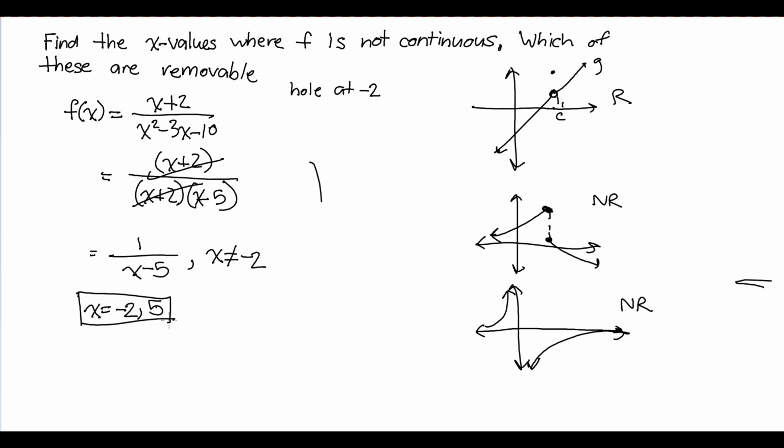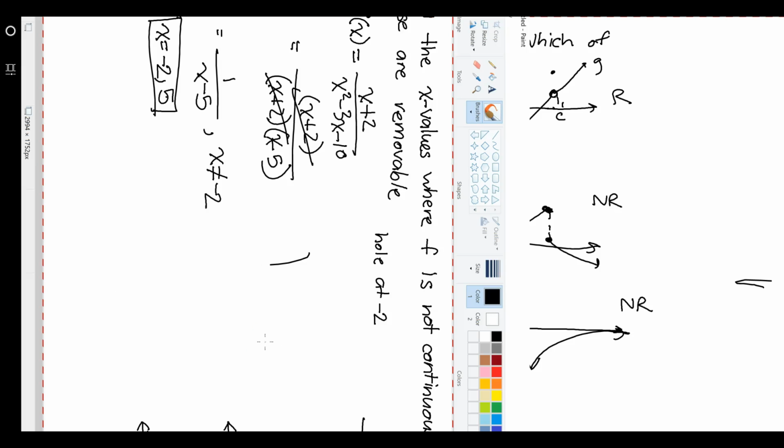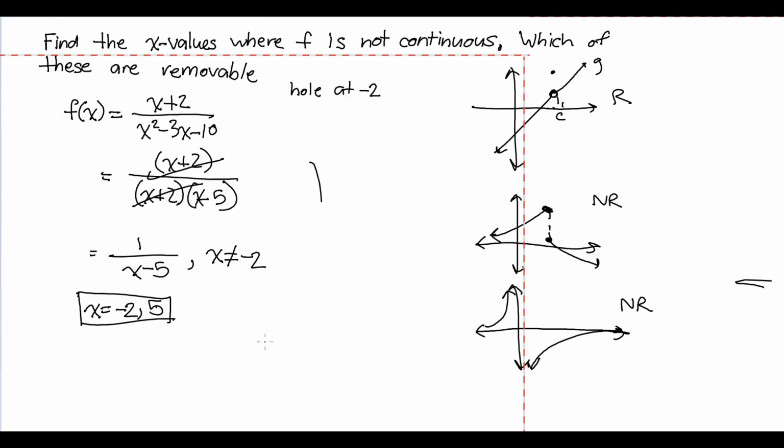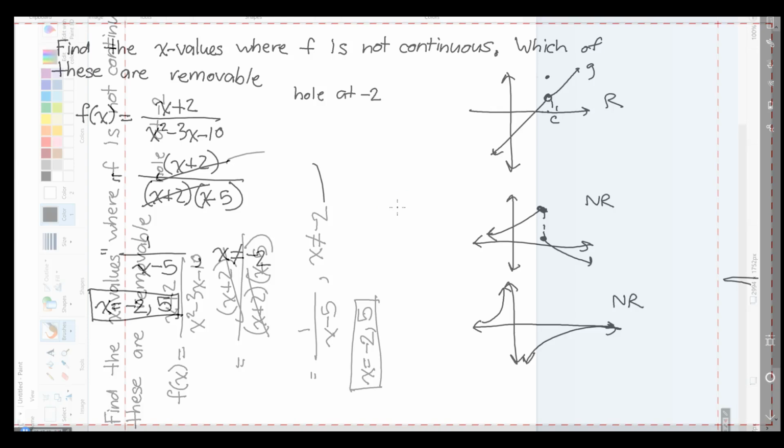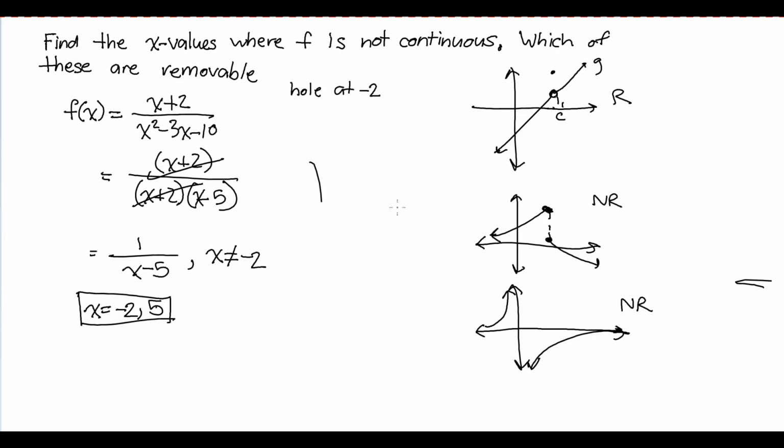Well, you have a vertical asymptote at x equals 5, since that makes it 1 over 0, which means that will be non-removable. However, negative 2 is a hole. If you were to define it at negative 2, then it would no longer be a hole. It would remove the discontinuity at x equals negative 2. So x equals negative 2 is removable.